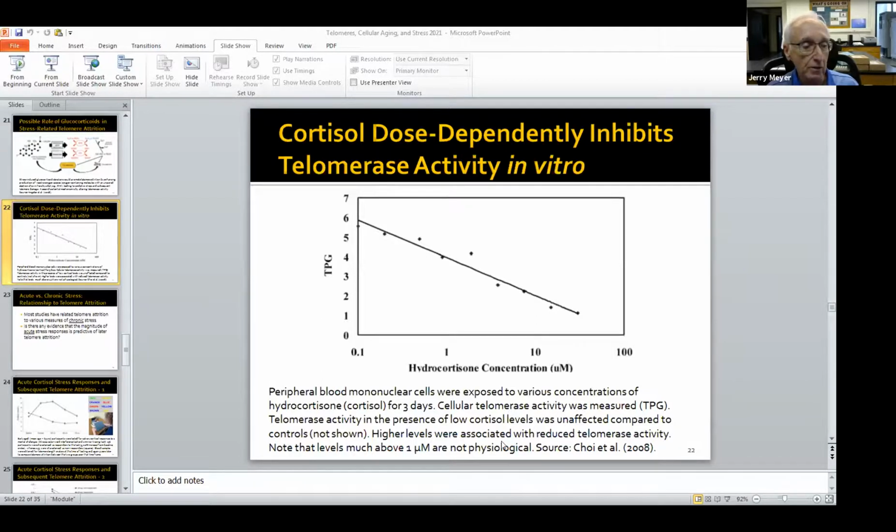Now, I really want to emphasize that levels above about 1 micromolar here are not physiological. And that's important. I can tell you that the other area of my research, which of course I'm not talking about in this workshop, is pharmacology and neuropharmacology.